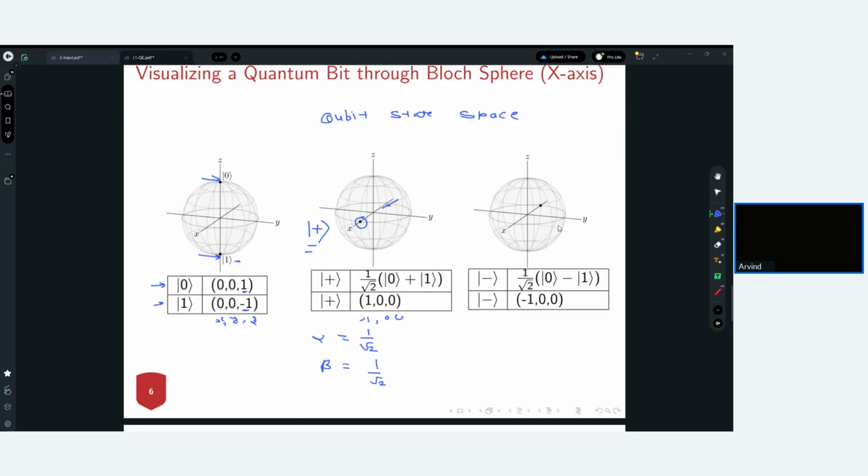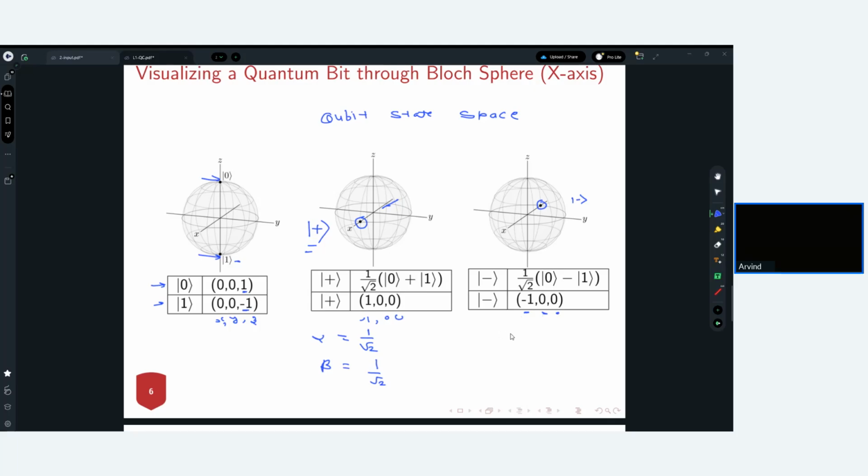Similarly, the point at which the negative x-axis cuts the equator, we call the qubit minus, where the x coordinate is -1, y coordinate is 0, and z coordinate is 0.